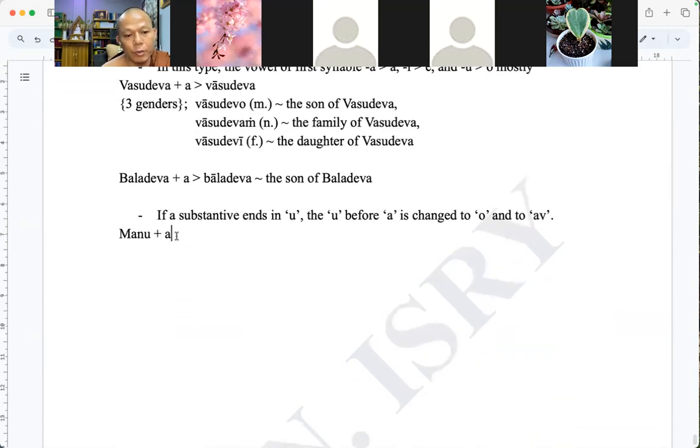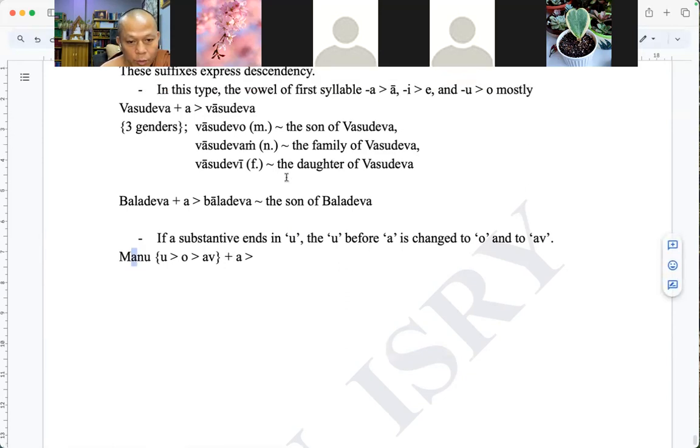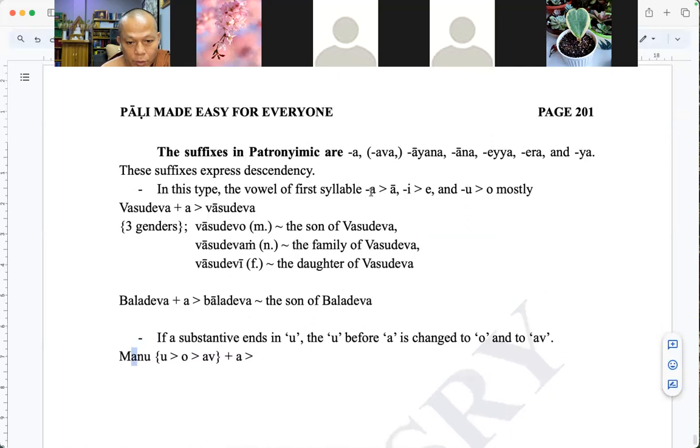So here is Manu. Now according to this rule, this u is changed to o. Now u changes to o, so that o changes to au. And then this a also changes to ā according to the first rule. So here you see, u changes to o in this way.